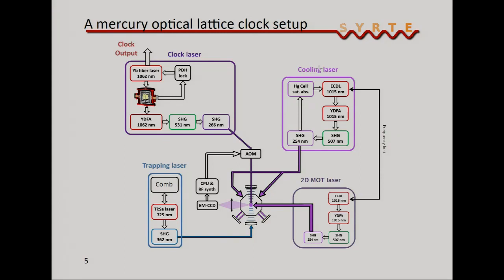And finally, when these atoms are cooled and trapped, we can probe them with the clock laser. It's an ytterbium fiber laser that is pre-stabilized on an ultra-stable cavity. This cavity is a 10 centimeter cavity that flickers at 4 or 5 times 10 to the minus 16. Then we quadruple this laser, which is in the IR, to produce the 266 nanometer light.